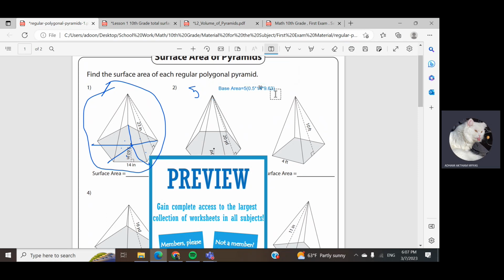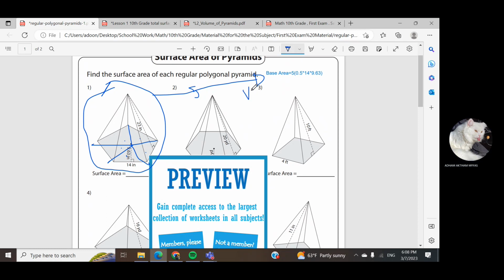Now, if I want to calculate the total surface area for this, now I'm talking about this example 1. What should I do? Now I'm talking about the total surface area. Total surface area for this shape is the base area plus the faces area.